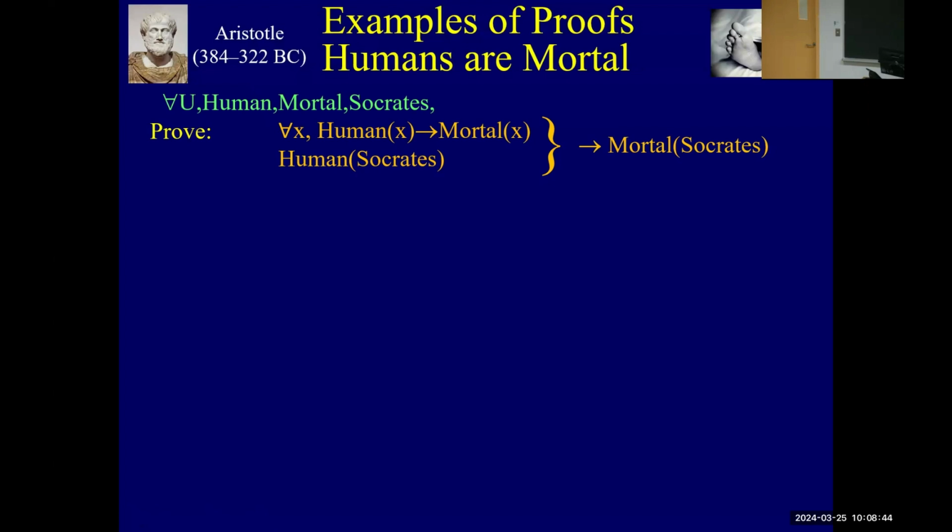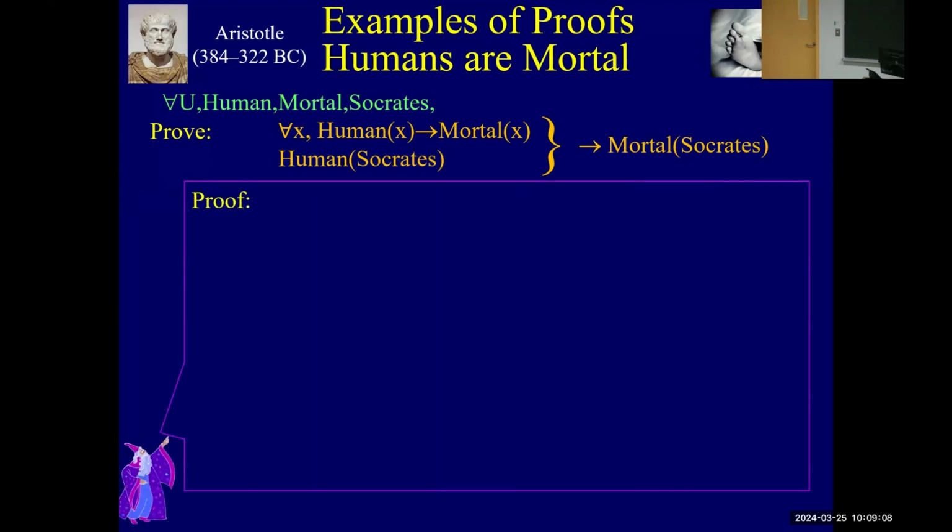And the oracle is also assuring us that there's something called Socrates. It's just some object called Socrates, and Socrates has the property that this object is human. So then it follows that Socrates is mortal, right? And of course, they were doing this a long time ago.